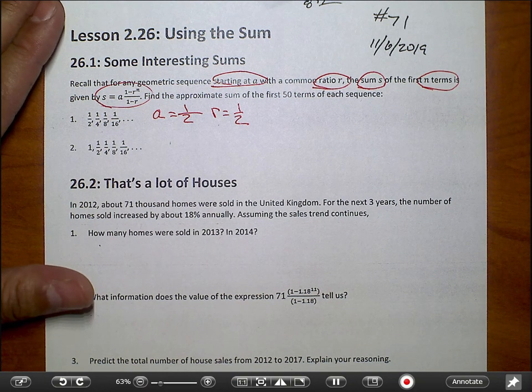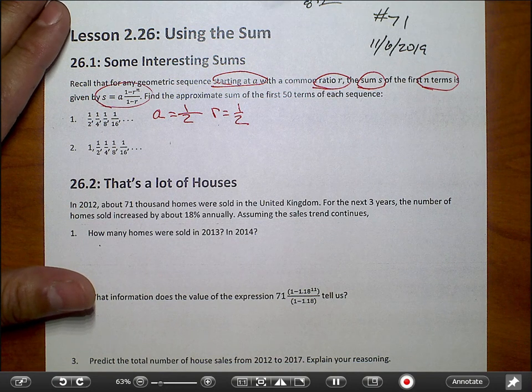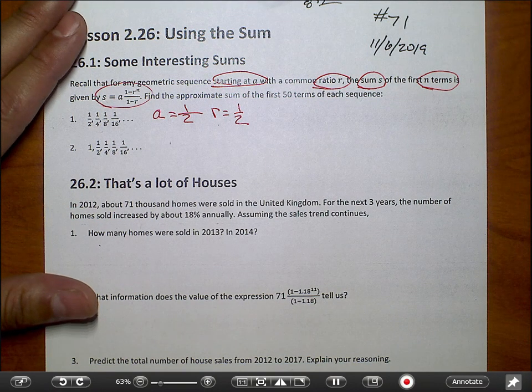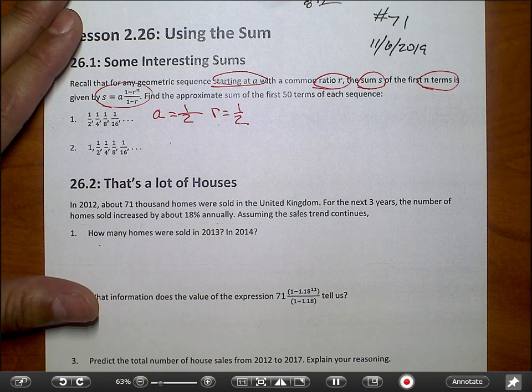So we're trying to find the first 50 terms. So what do you think 50 represents? And N. Thank you. It's the N, right? So my N in this one's going to be 50. So let's go ahead and set it up just like we did yesterday.